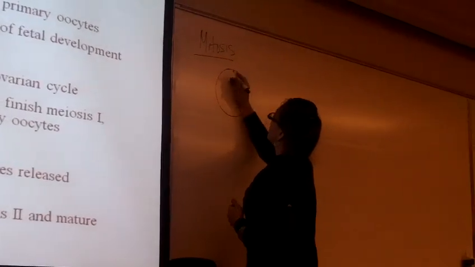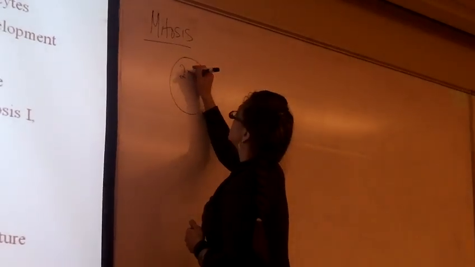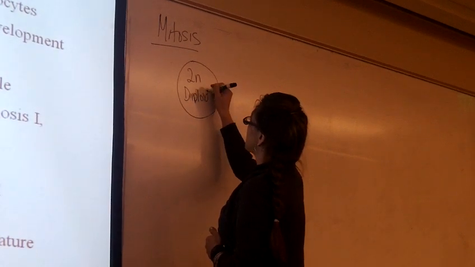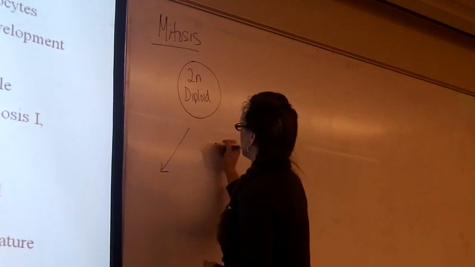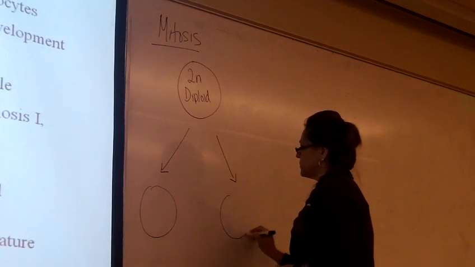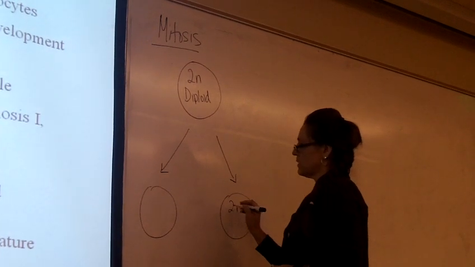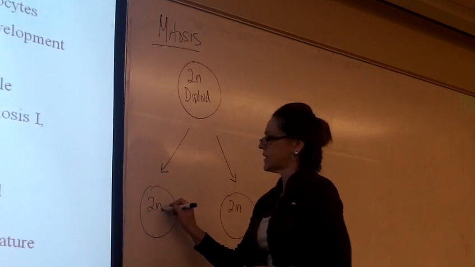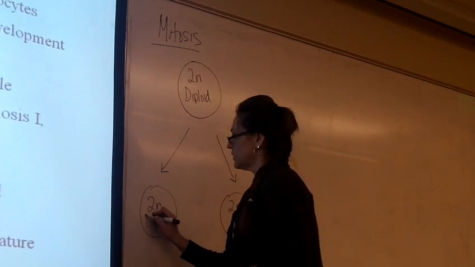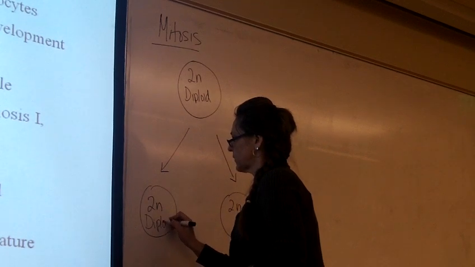So for mitosis, we're going to start with the diploid parent cell. And then you go through mitosis, and you end up with 2 daughter cells that have the same exact chromosomes. So these would be diploid also, 2N.